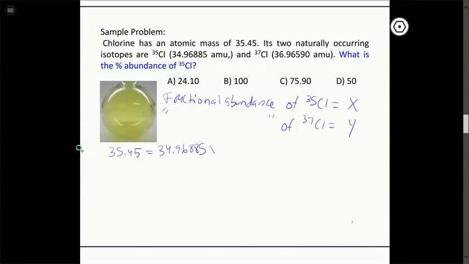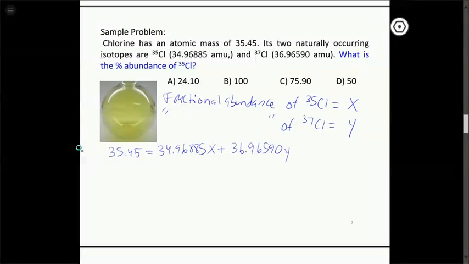And we multiply that by the abundance, which we called X. We add that to the second isotope mass, 36.96590. So remember, there's no way to calculate these isotope masses because there's that whole E equals MC squared part. So these are going to be a little bit different than the mass numbers, as I talked about at the beginning of this. But that's going to be the mass of the second one, and then its abundance we called Y.